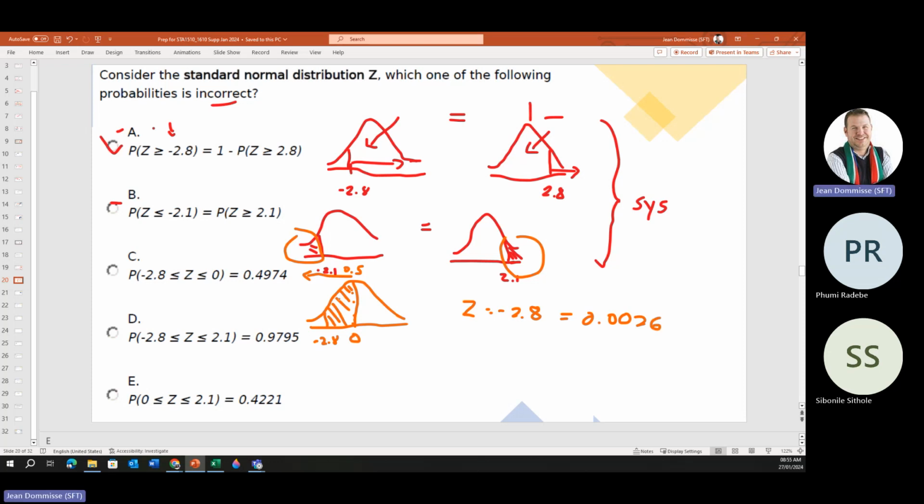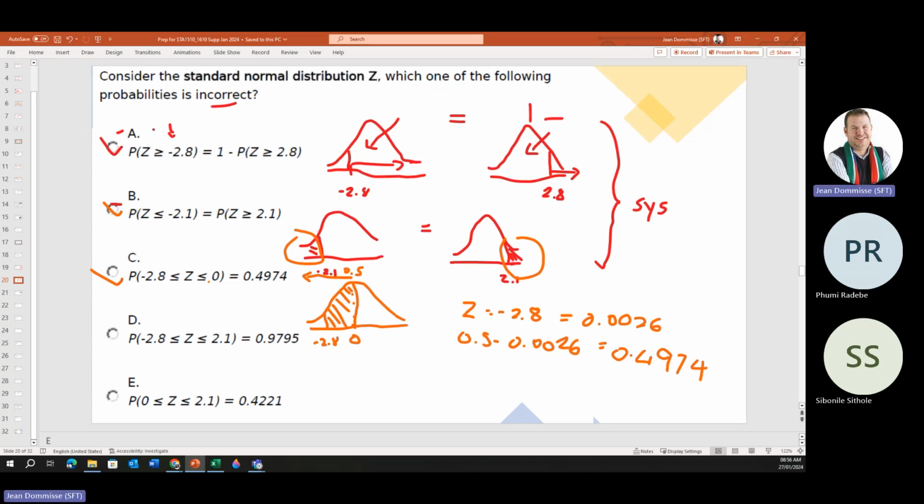Then to work out this orange space, one needs to say, well, we know that whole area is 0.5. So 0.5 minus the 0.0026 gives me my answer, which will be 0.4974. Okay, and not really a problem with what we're doing, but the problem with a question like this is it's taking time.